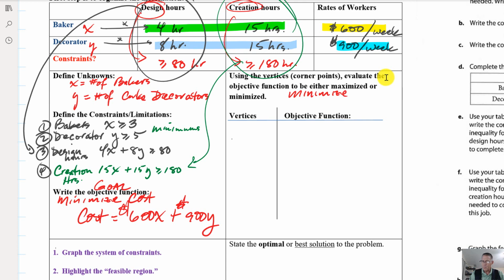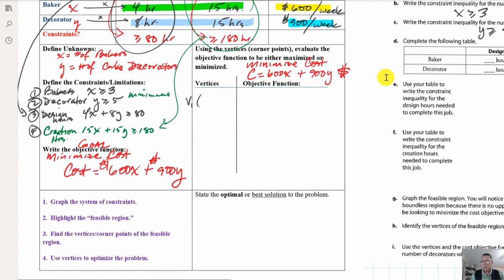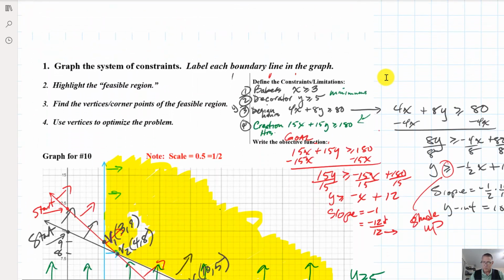So your goal is to minimize cost, and because of that you have a cost function: $600 times the number of bakers plus $900 times the number of decorators. This is money. And our vertices, I forgot what they were, so we have to look.